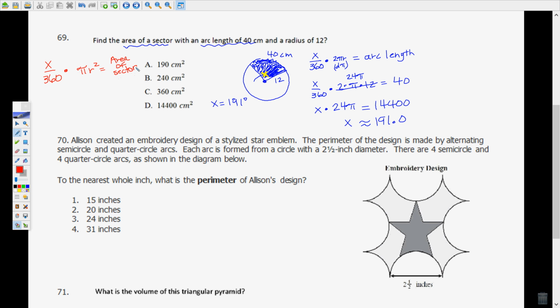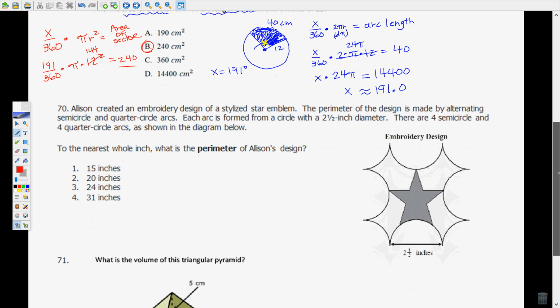This wasn't that long ago, and study. So 191 over 360 times pi times the radius squared, 12 squared. You just multiply this out, 191 times 144 times pi divided by 360, and that'll give you 240 square centimeters.